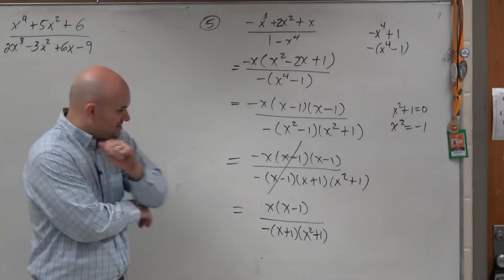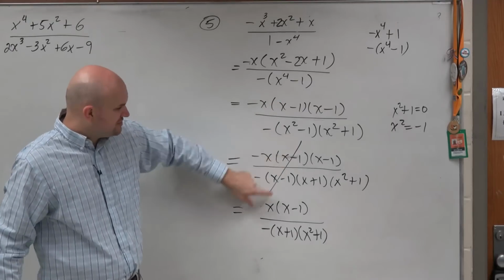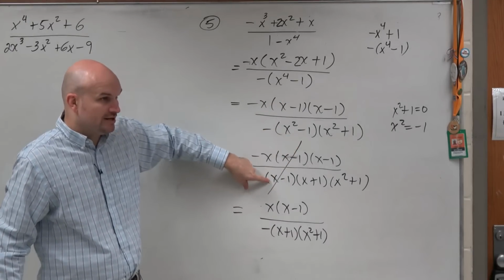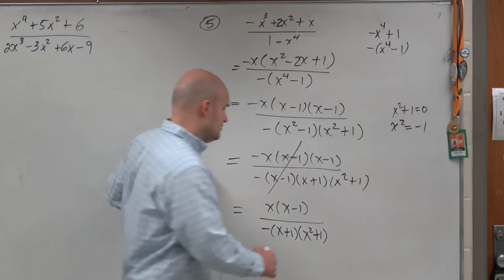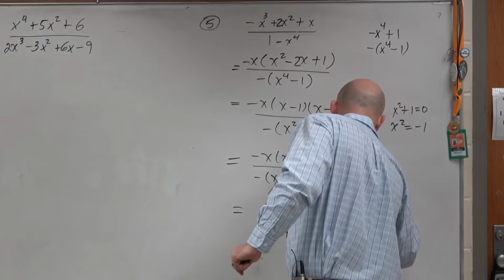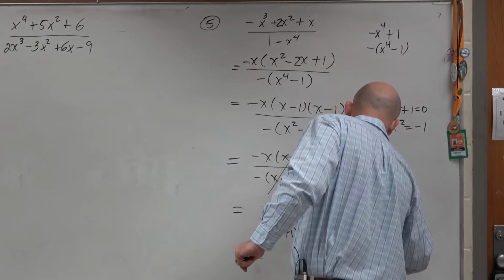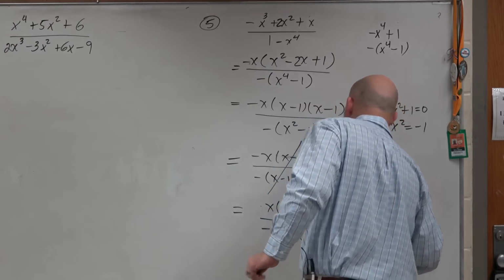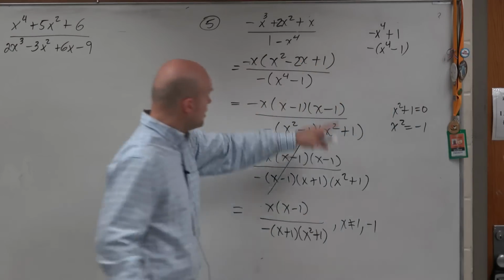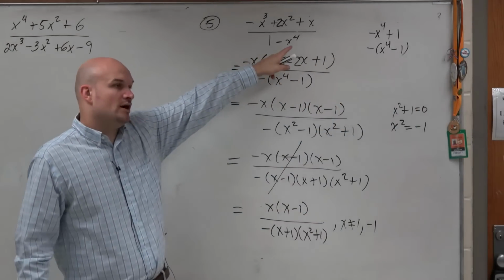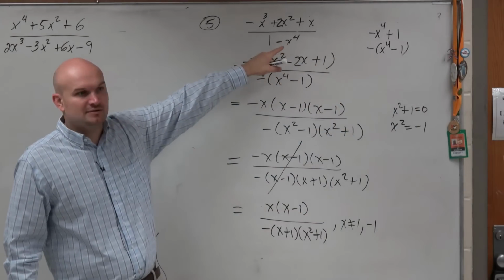Just because you simplified out this x minus 1, that is still a restriction on your polynomial. So we would say x cannot equal 1 and x cannot equal negative 1. Because again, guys, go back up to our original problem. If I plug in a 1 or a negative 1, does that make my denominator equal to 0?